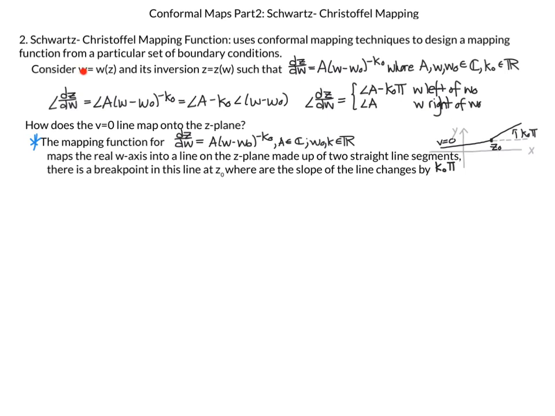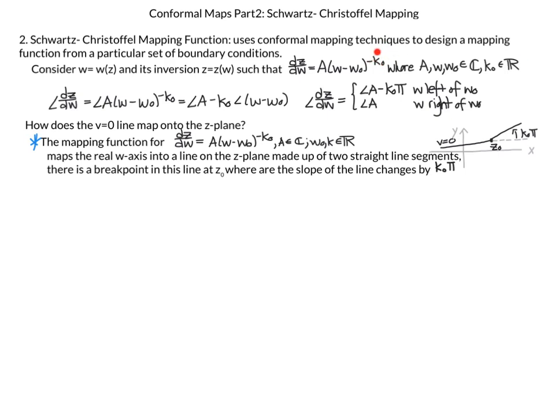So consider our function w equals w of z and its inverse, which is z equals z of w. And I have this equation for dz/dw, which is this first factor here of the Schwarz-Christoffel. So we're only looking at the first factor, which is A, a complex number, times (w minus w naught), again, here w and w naught are complex numbers, to the negative k naught, where k naught is a real number.